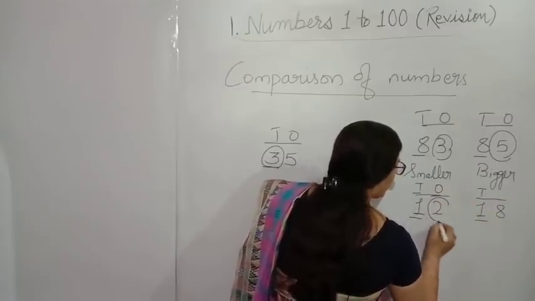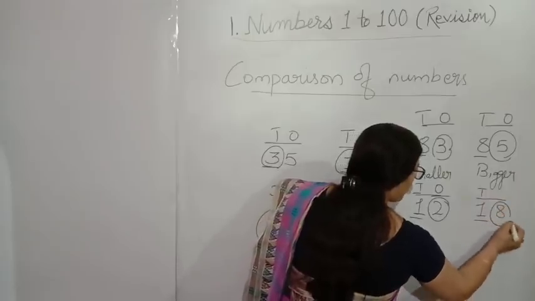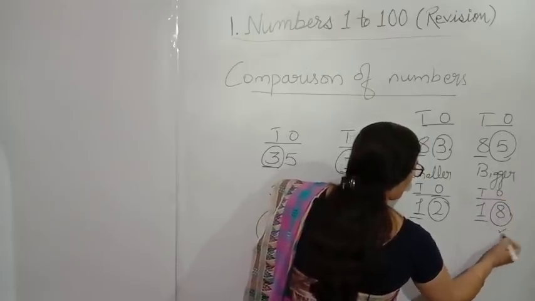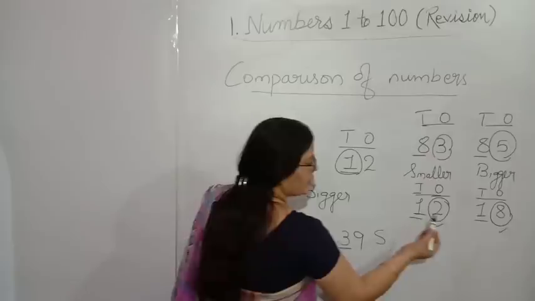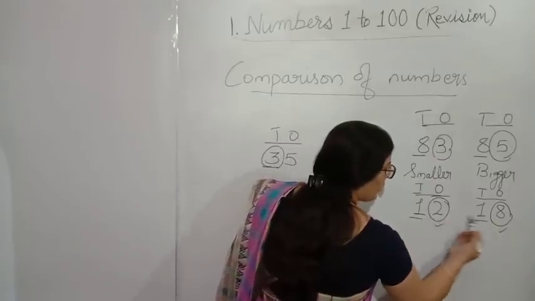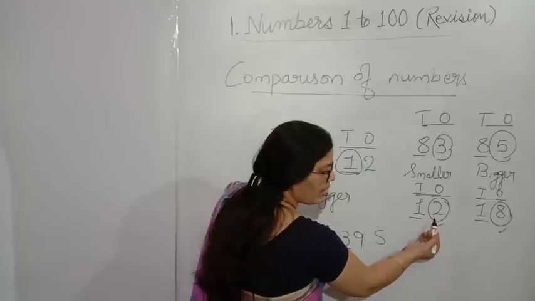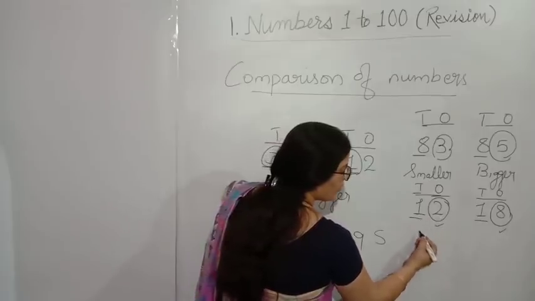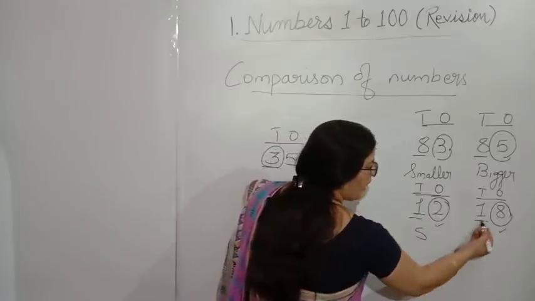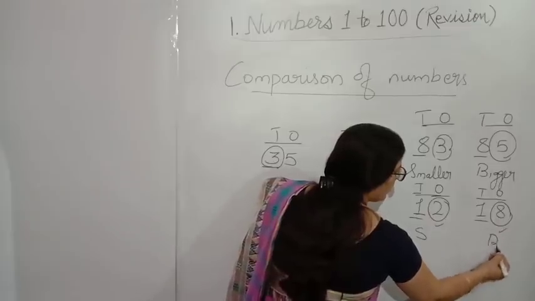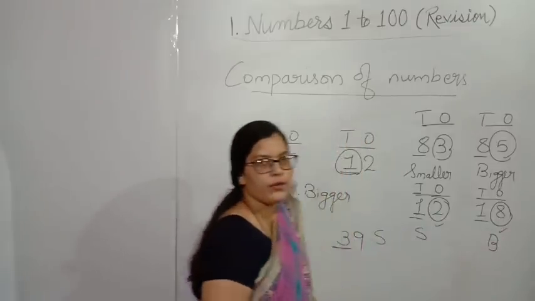Ones place. If tens place is the same, we have to compare ones place. By seeing this, you can find out which number is the smaller one. Yes, 12. 12 is the smaller number and 18 is the bigger number. Clear to all of you?